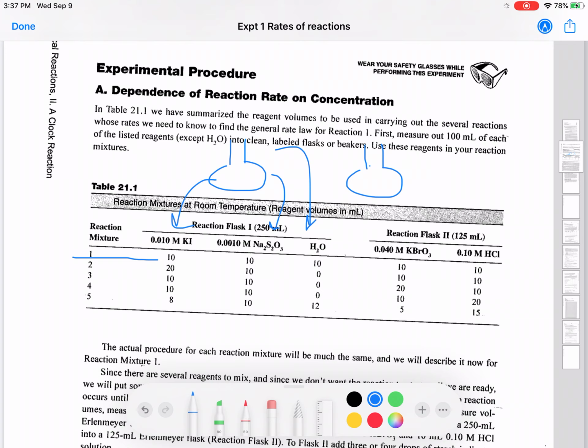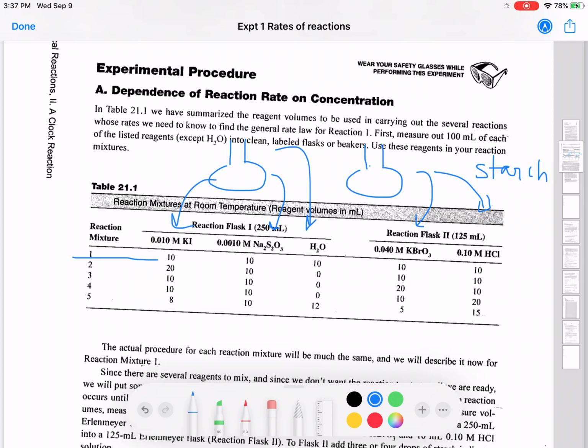In the second flask you're going to add potassium bromate and hydrochloric acid together, and also add starch. Then you mix the two together. As soon as you mix, you start timing to find out how long it takes for the color to appear.